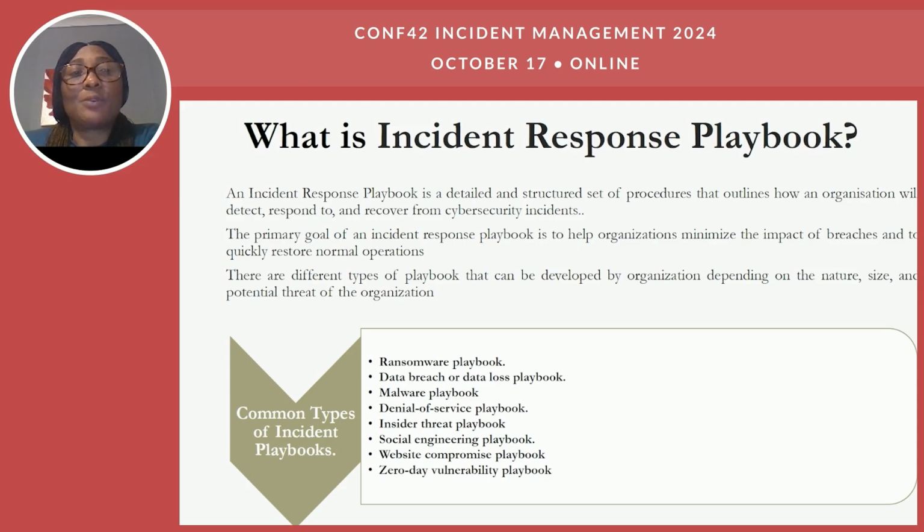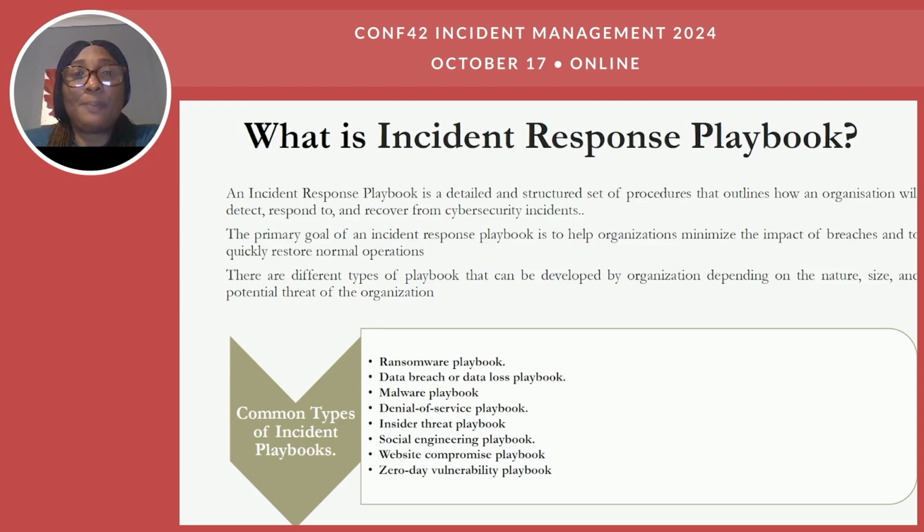So there are different types of playbooks that an organization can decide to develop. This is based on the potential threats identified in the environment, as well as the kind of operation they are in, and their size. This is a list of some.